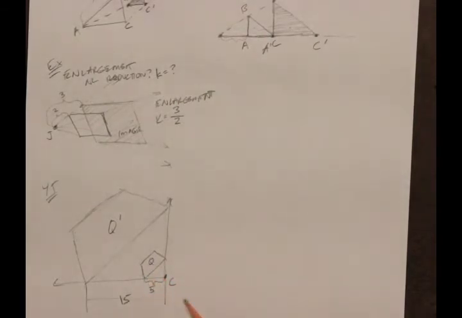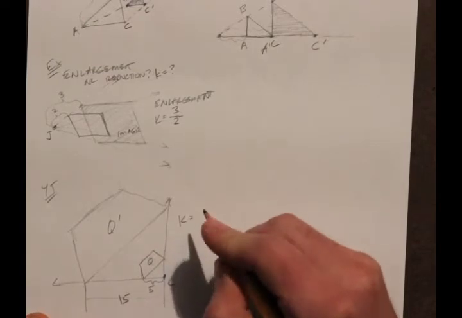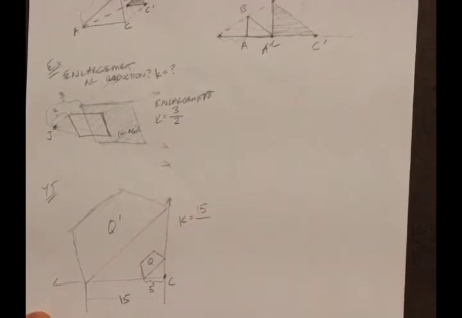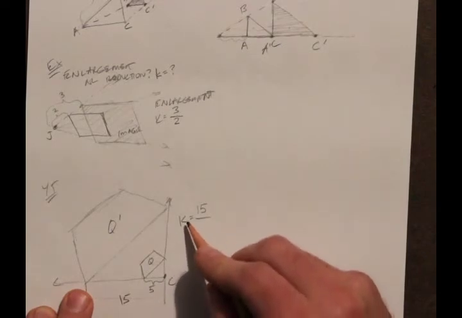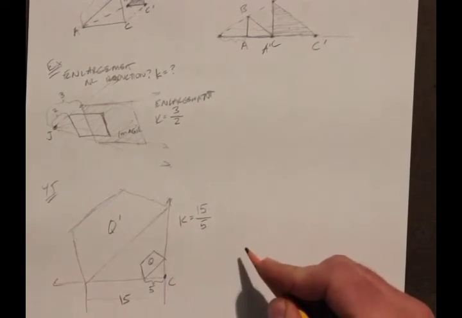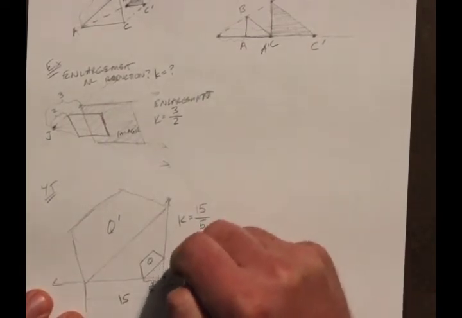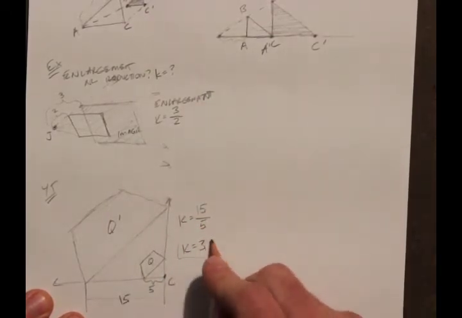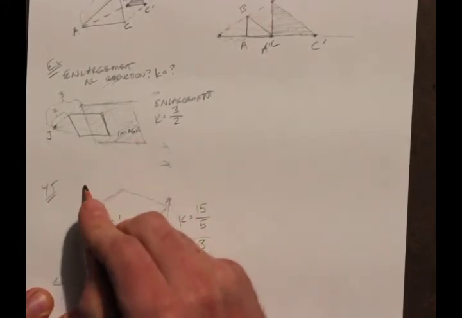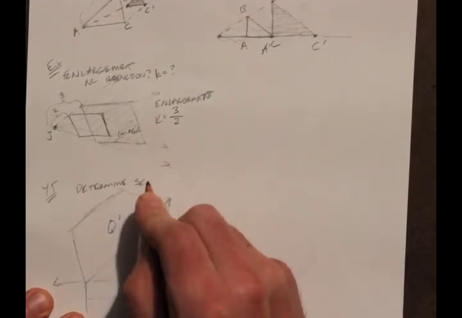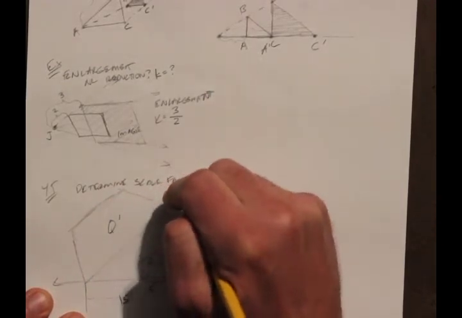So to find my scale factor, K equals 15, the distance from C to the image, divided by 5, the distance from C to that same point on the pre-image. 15 divided by 5 is 3, so my scale factor is 3. This was determining the scale factor, which is what we did here.